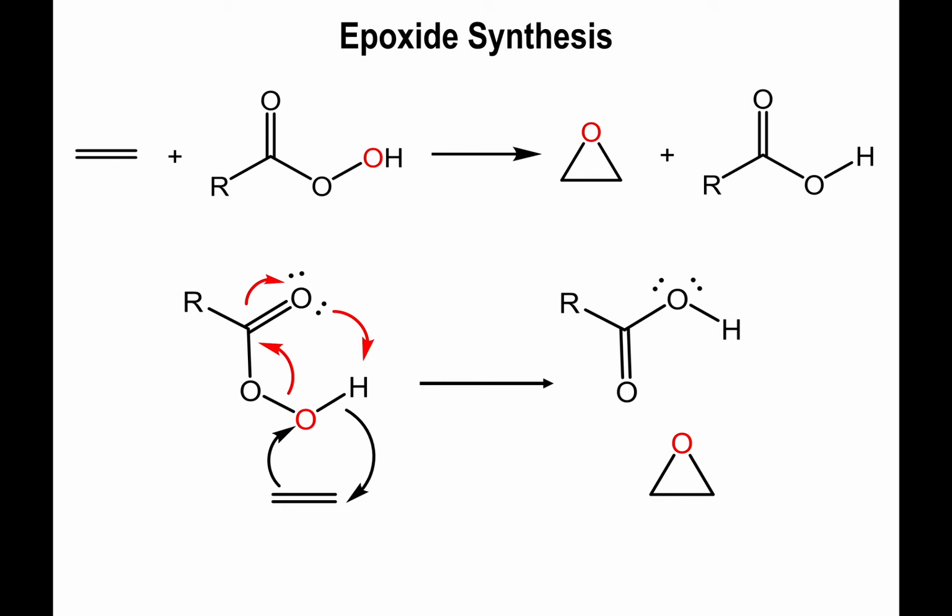And just to remind you of the mechanism, the way this works is that the peroxy acid positions itself such that this oxygen, where the hydrogen is bound, is positioned in front of your alkene. The alkene starts the attack onto the oxygen. The electrons of that oxygen-oxygen bond get broken and deliver onto the carbonyl carbon.